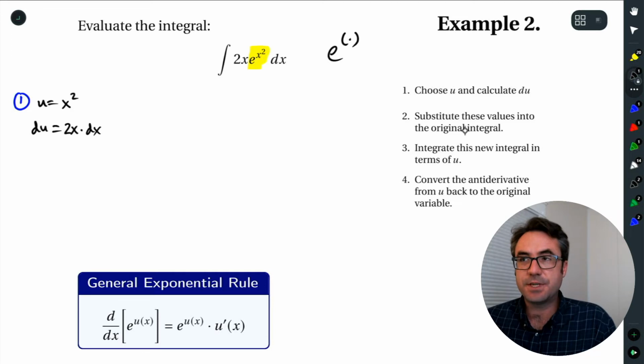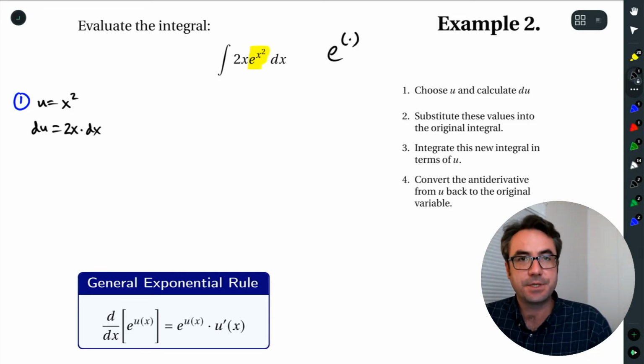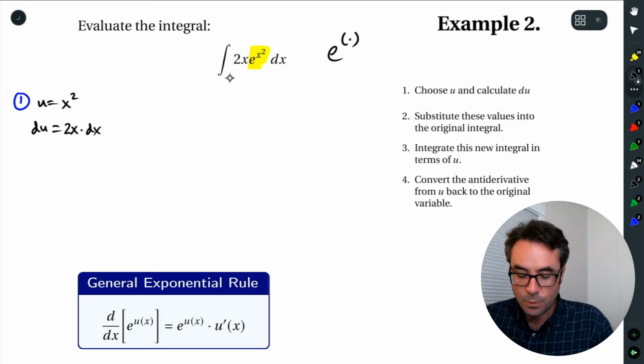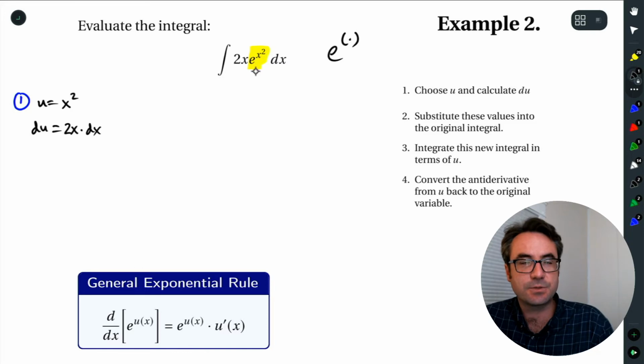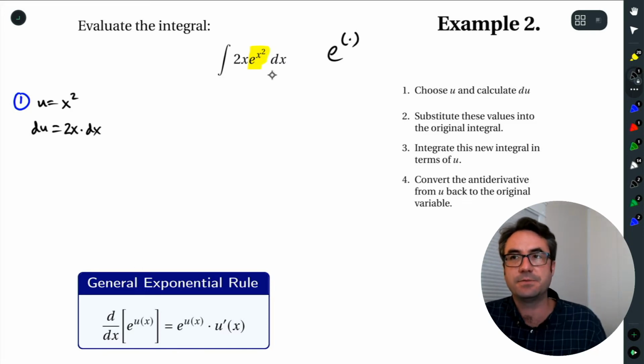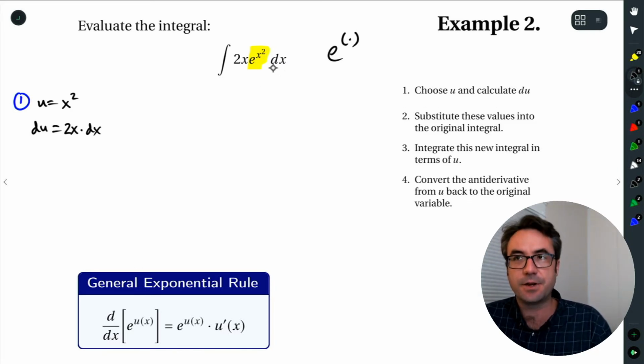So now we're going to start substituting things in. And while we're getting the hang of using substitution rule, what can be helpful is once you've identified this complicated term, move things around a little bit inside the integral. The integral sign always has to come first. The dx always has to come at the end. But we can move the 2x and the e to the x squared around relative to each other, so long as all the variables stay between the integral sign and the dx.